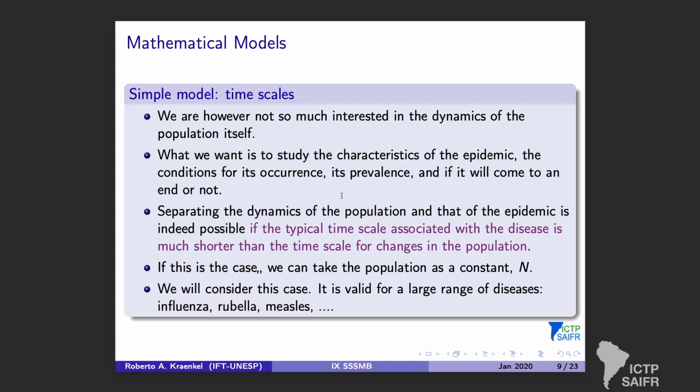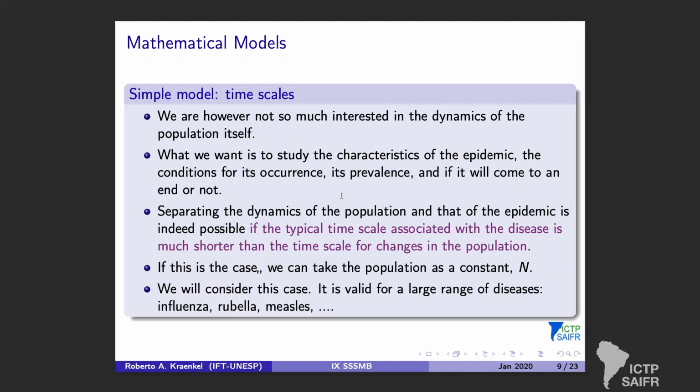And what we will do is consider that the human population has a constant size. The population which is being studied, which is also sometimes very complicated, for instance, to know what's the relevant population, because you should use the population at risk.